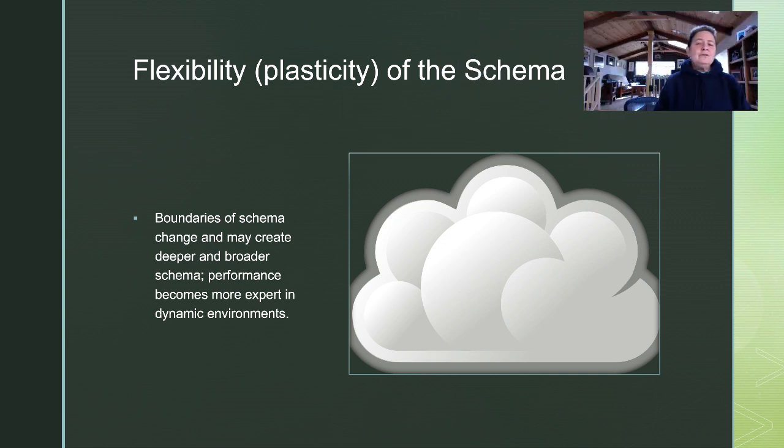So I want you to notice my analogy of the cloud here. You saw it on the last slide, and now you see it on this slide here with regard to the boundaries of the schema. The schema is flexible. It has plasticity. In other words, if you imagine that this represents the schema in your brain, it's more of a cloud formation with depth and breadth.